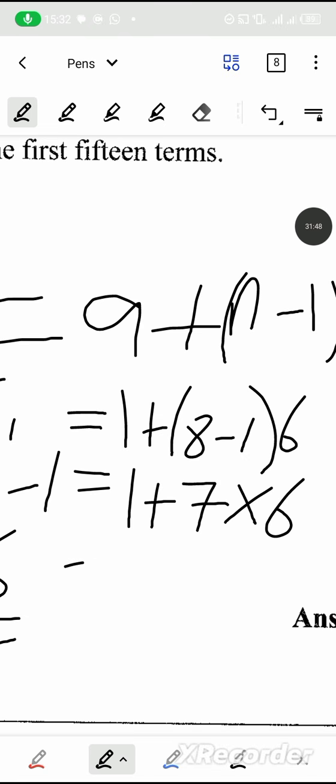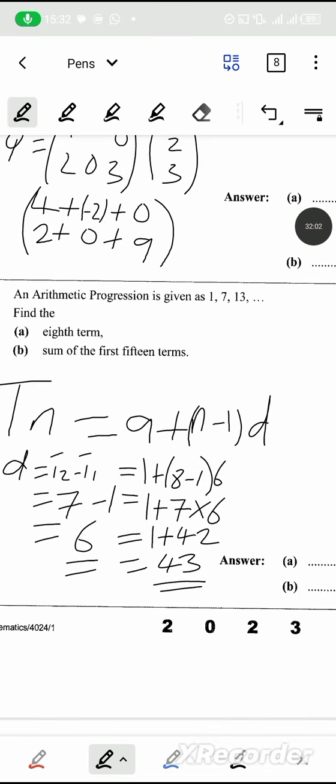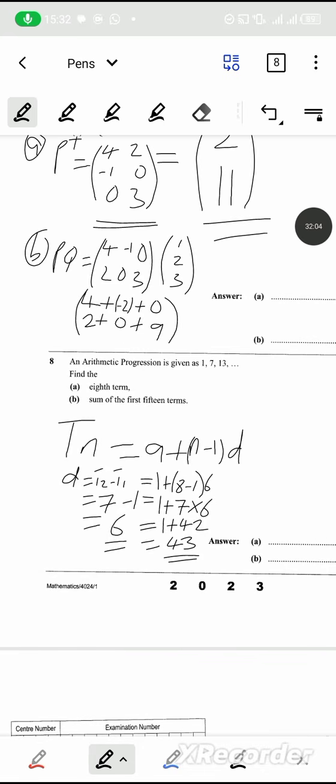So 1 plus 6 times 7 is 42. When we add, we have 43. That is our answer according to the question.